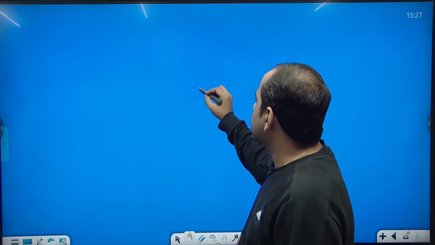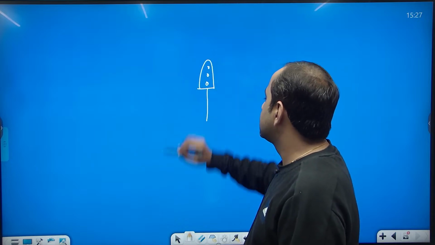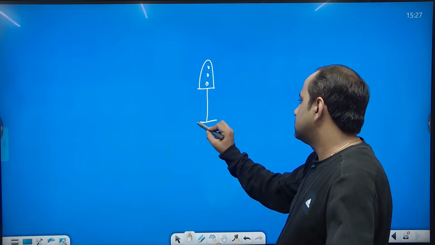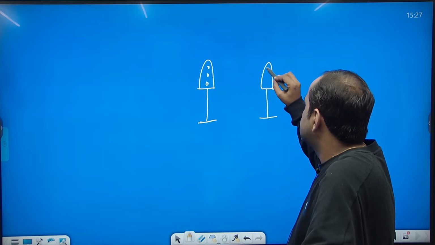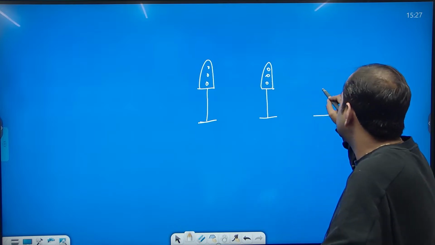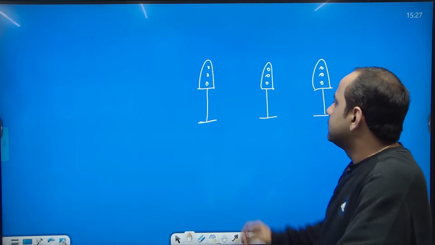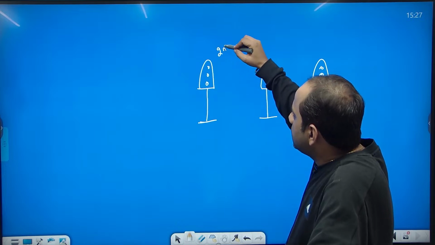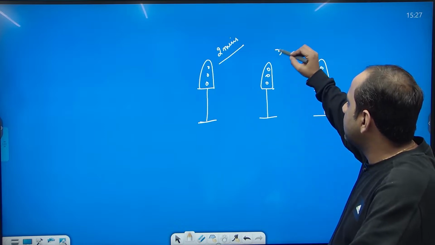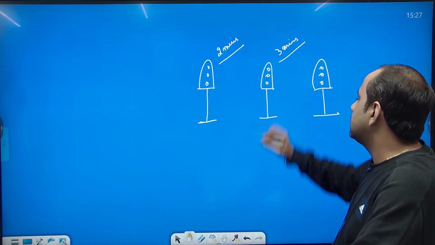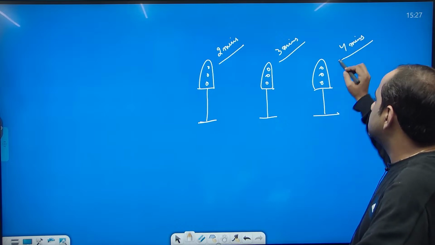Next point is, like if I say that we have a traffic light, this is Old Rajendra Nagar Chowk, and this is Karol Bagh, this is CP. We know that after every 2 minutes this traffic signal becomes green, after every 3 minutes this traffic signal becomes green, and after every 4 minutes this traffic signal becomes green.